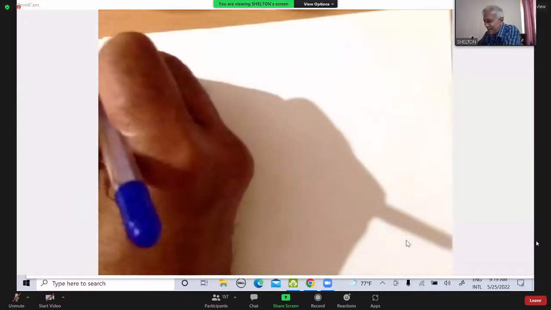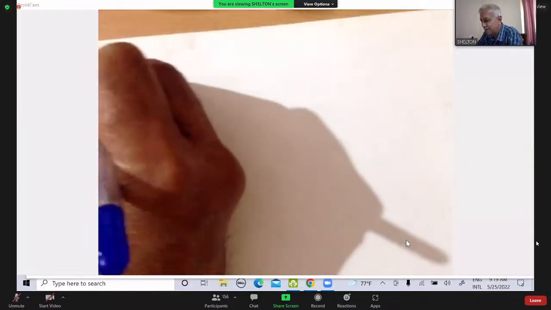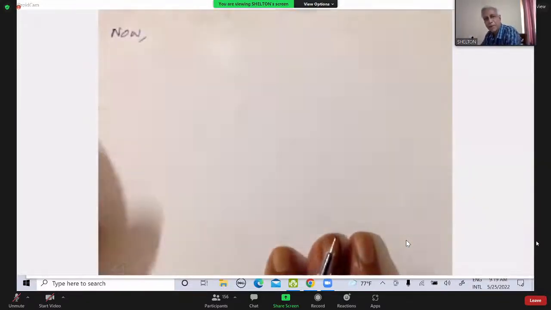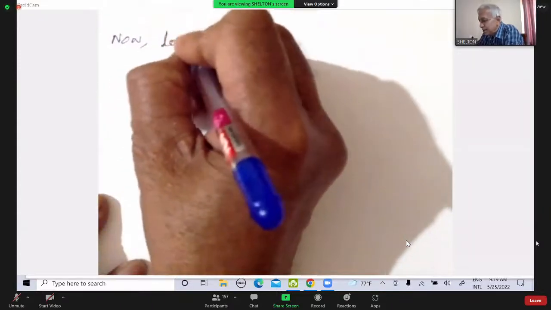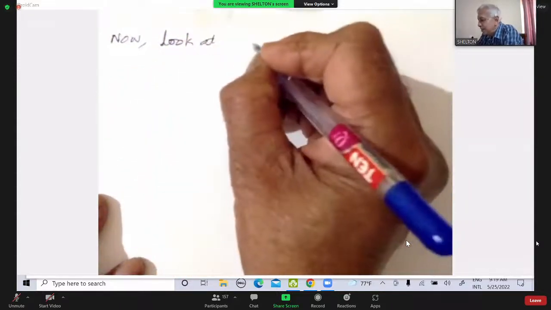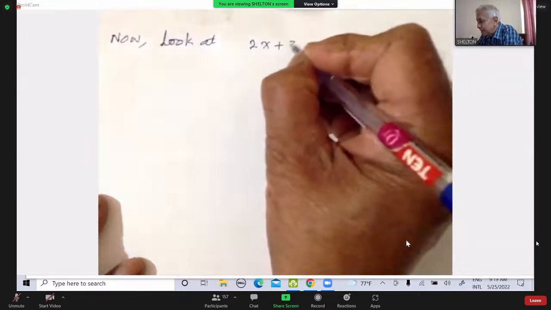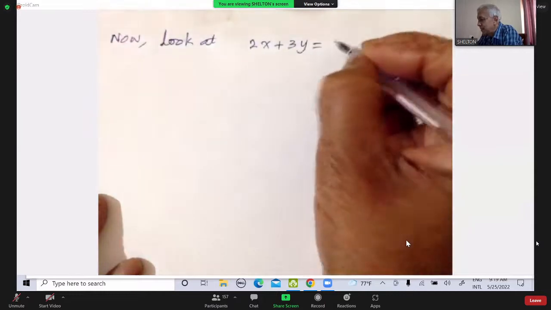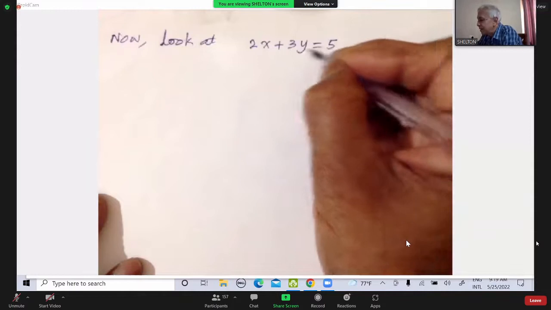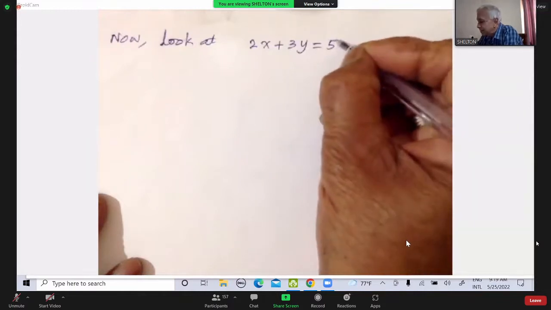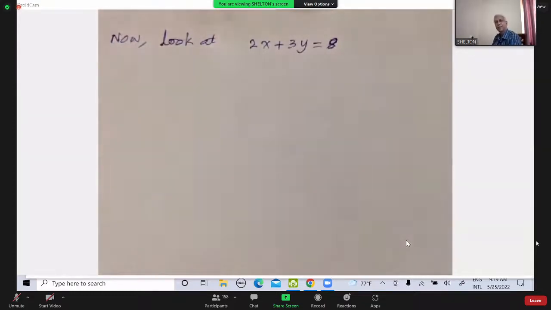Now look at 2x plus 3y equals 8. Look at this equation.